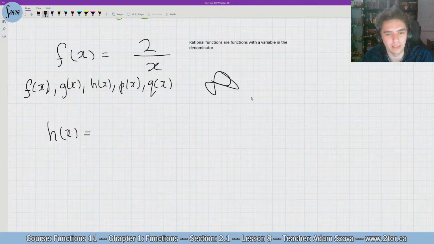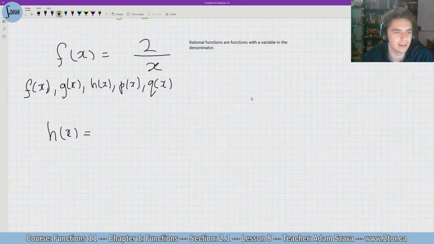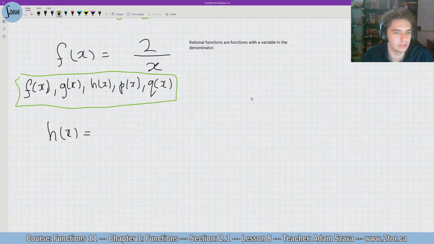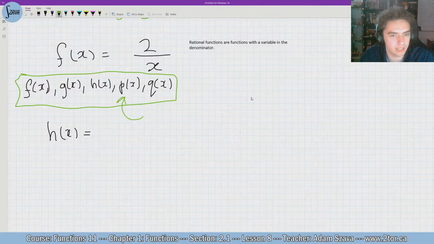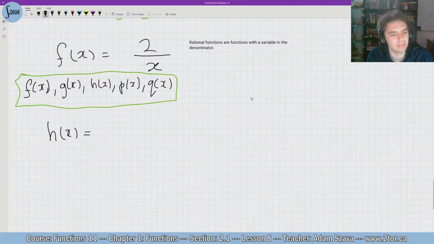I could say that of x, and that would be a function. I just have to write that squiggle every time. But just so you're aware, most of the time, these are the symbols that are used. F, G, and H, because those are next to each other on the keyboard, and then P and Q, no particular reason. P usually for polynomial, and then Q comes after. So just a quick side note, those are usually the symbols that are used, and you'll notice that that's what I've always been using.